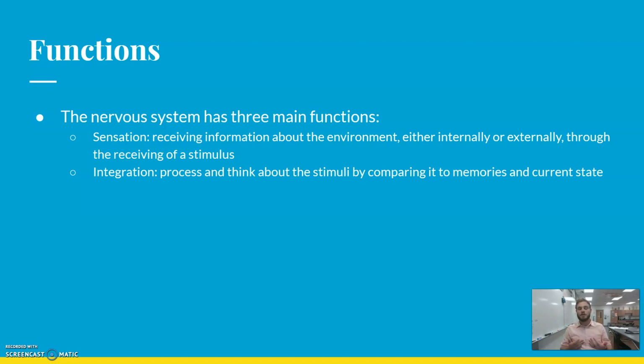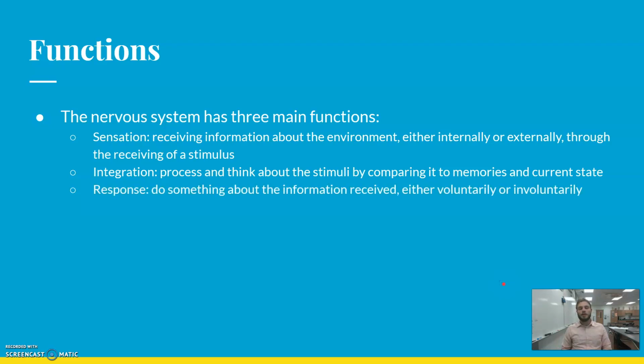During the integration part, those parts of your nervous system responsible for integration are thinking about it. Sometimes they're thinking about it when you aren't even realizing that your body is thinking about it. When we talk about reflexes, we'll see that in certain types of reflexes, your brain doesn't even get involved. Your spinal cord just makes a decision before that sensation is carried to your brain.